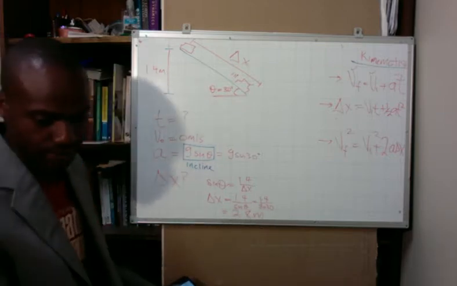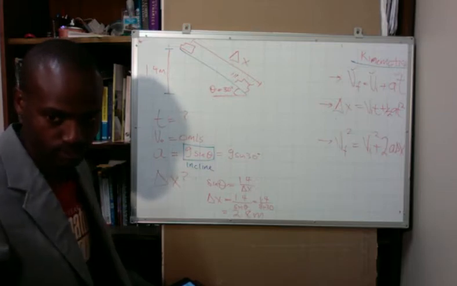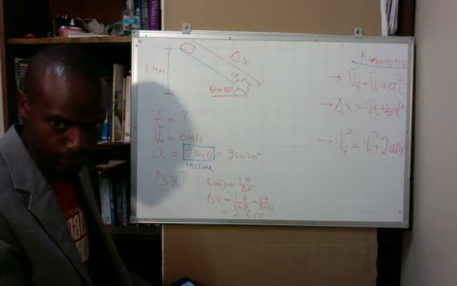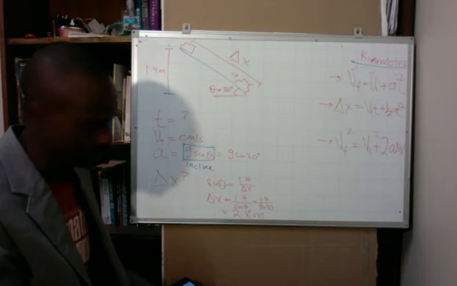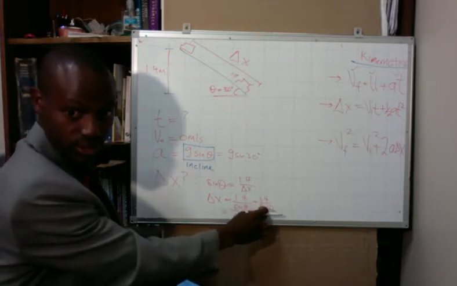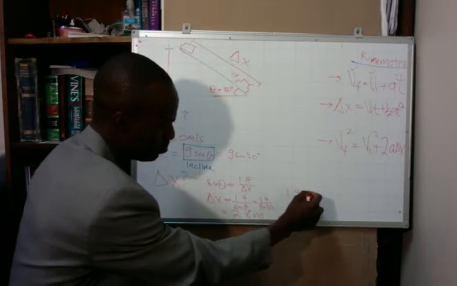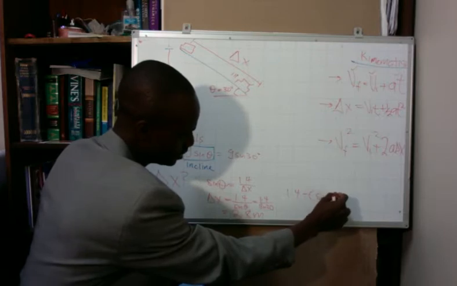Do you agree with that? Let me see if I can get that. How do I type that into the calculator? You would say 1.4 divided by parentheses sine 30 degrees.